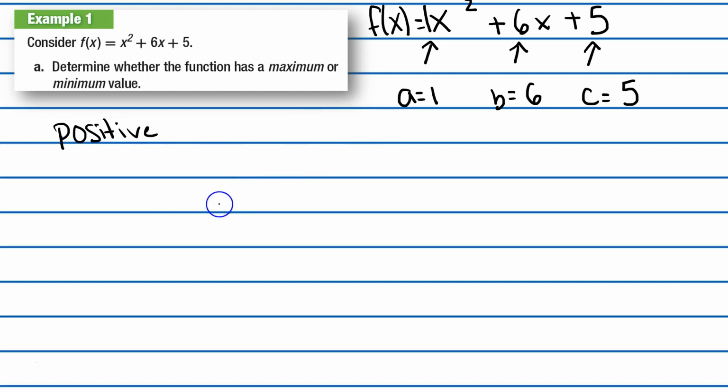And then we know the graph opens up. And because of that, we know we have a minimum value.